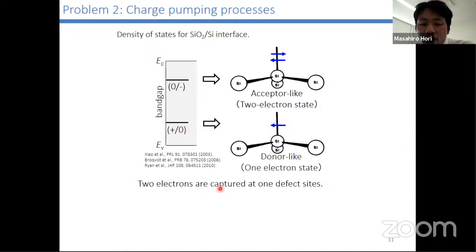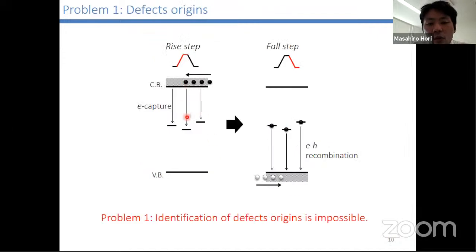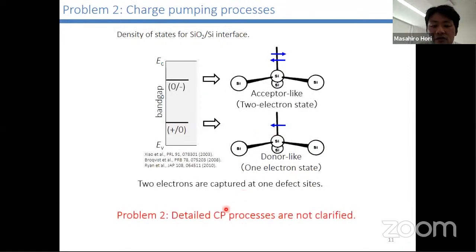Therefore, we cannot simply explain the charge pumping process as one-by-one electron-hole recombination by one defect site. Therefore, the detailed charge pumping processes have not yet been clarified.